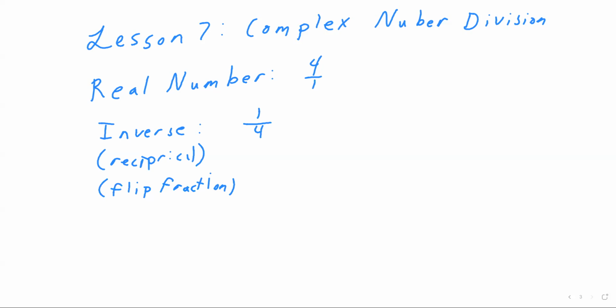And that's what we're going to be dealing with, but with complex numbers. It is called an inverse because if I take the original number and multiply by the inverse, you're supposed to get 1 out of it. So my question to you is, what's 1/4 of 4?